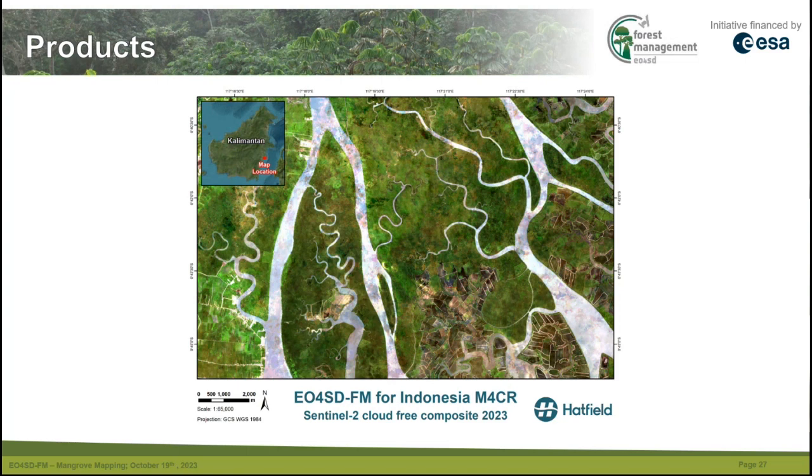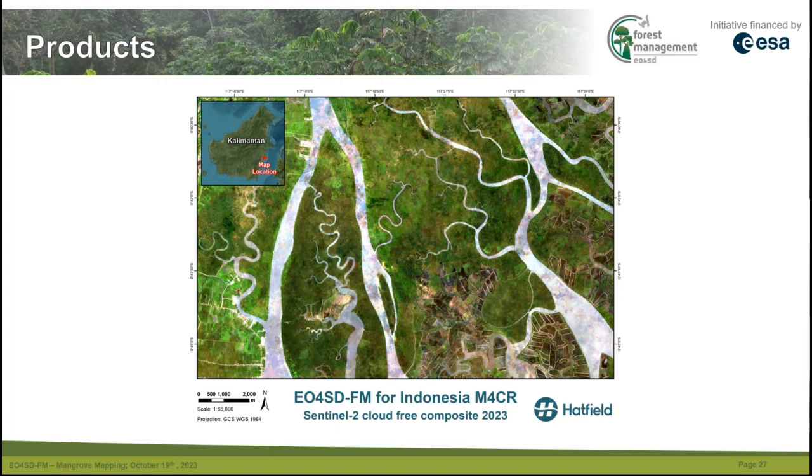You can see that the compositing process in the Mahakam Delta is very challenging because of cloud cover, and you can see a lot of the river systems with high sediment load. The pixels that get selected in the composite actually are quite variable, but the fact that the river system looks a little bit strange doesn't actually affect the classification of mangrove.